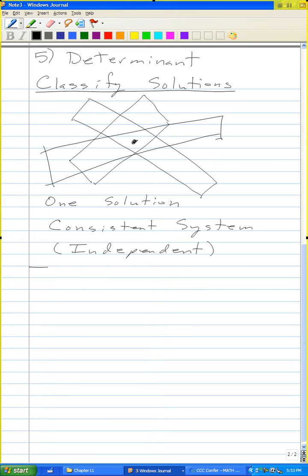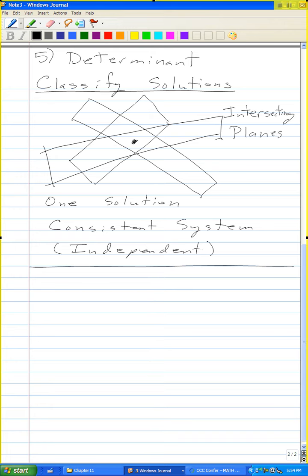Okay, let's look at the case of, well, suppose I have a plane. These are intersecting planes. So this is the case of intersecting planes.